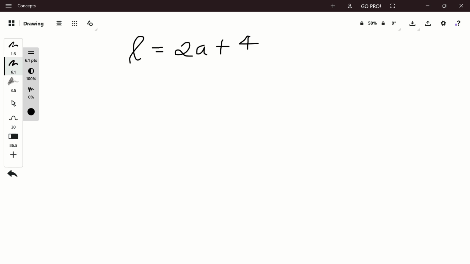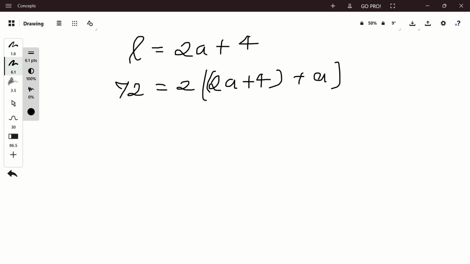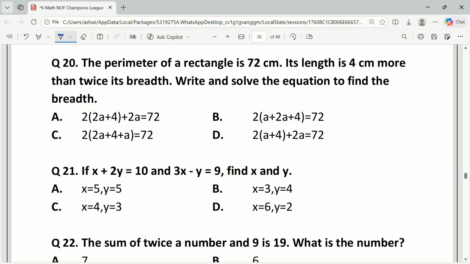The perimeter P of a rectangle is given by the formula P is equal to 2 L plus A. Substituting the expressions for L and P, the equation is 72 is equal to 2 (2A plus 4) plus A. It simplifies to 2A plus 4 plus A. This equation matches option C.